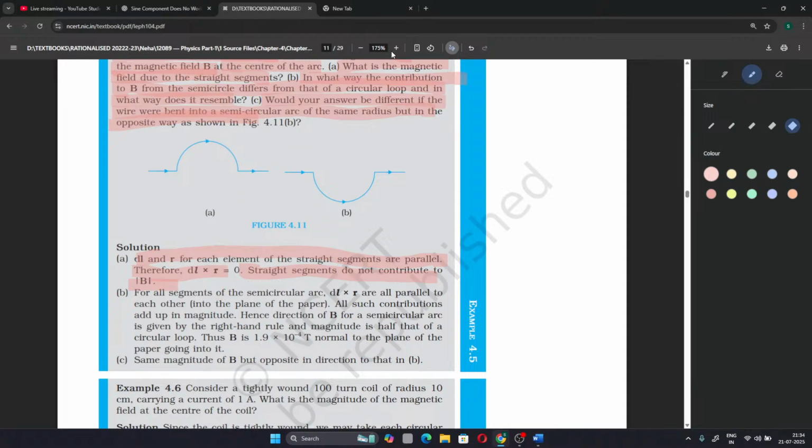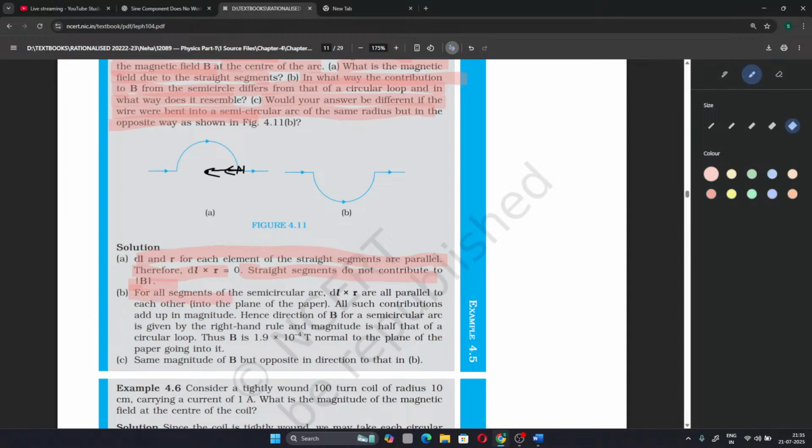If we take them at the center here, these vectors are parallel. So in this case sine 0 is equal to 0, so the straight segments do not contribute to the magnetic field B.